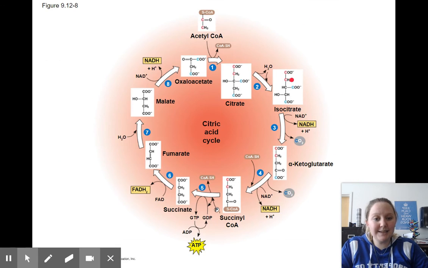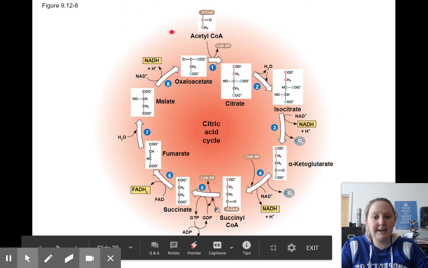And that is the citric acid cycle. Again, acetyl-CoA goes in, forms citrate, makes 3 NADH, 1 FADH2, 2 carbon dioxide, and 1 ATP.